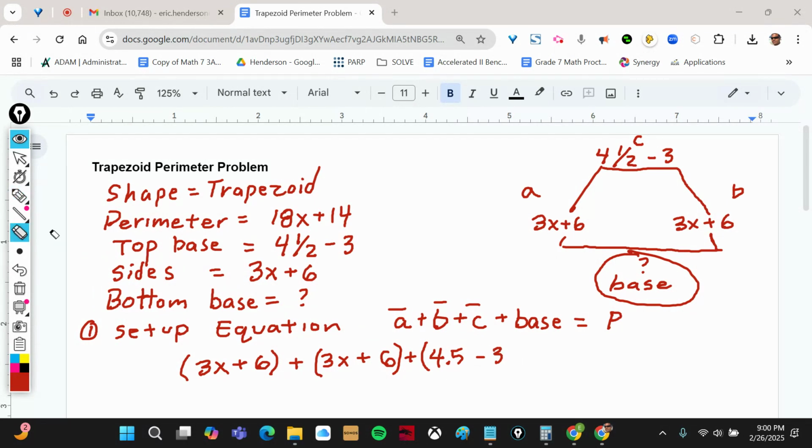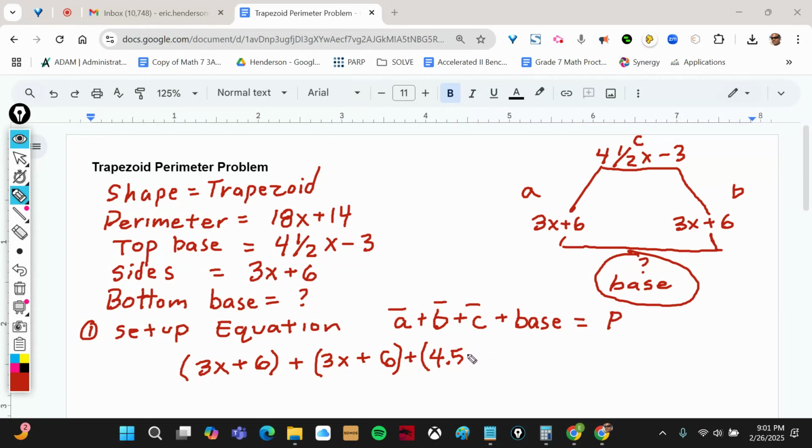And I made a mistake. It should be 4½ minus 3, just to make it more interesting.